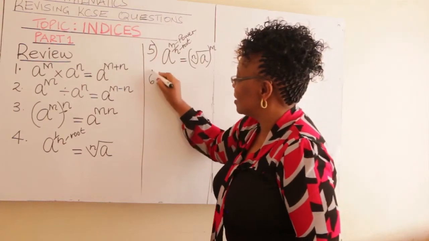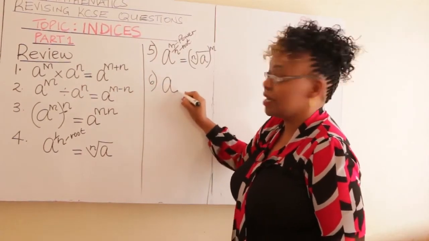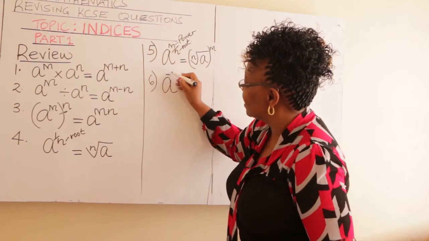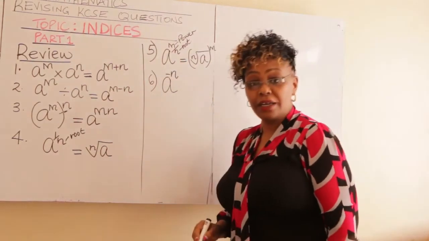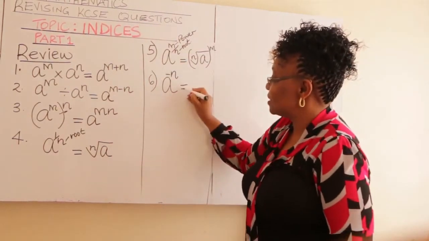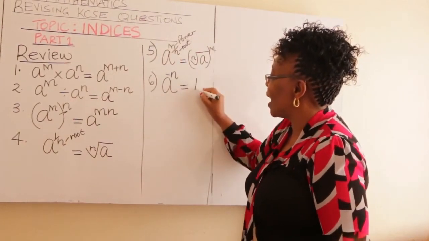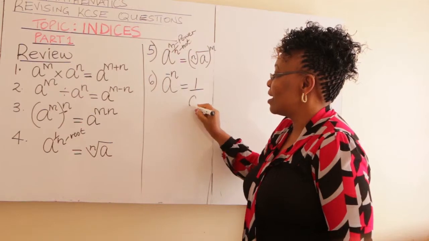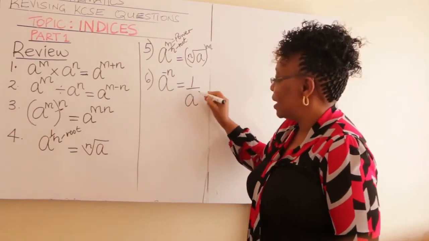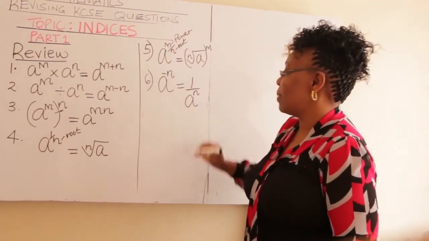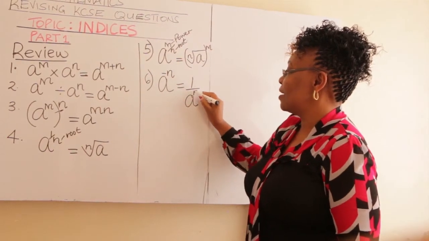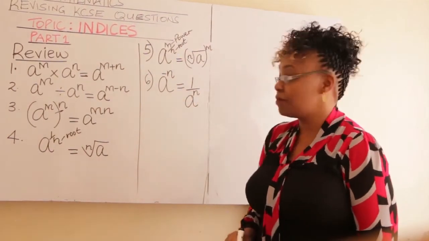Number 6, if you have a raised to a negative power, it is the same as what fraction? It is the same as a fraction 1 over a, your number, raised to a positive power.